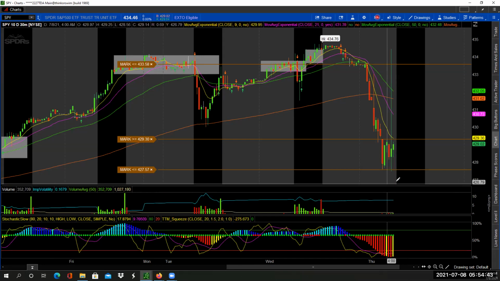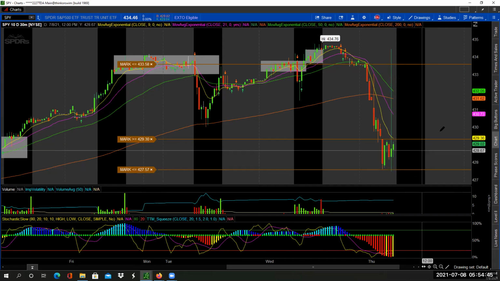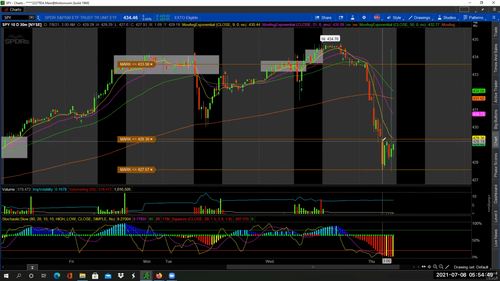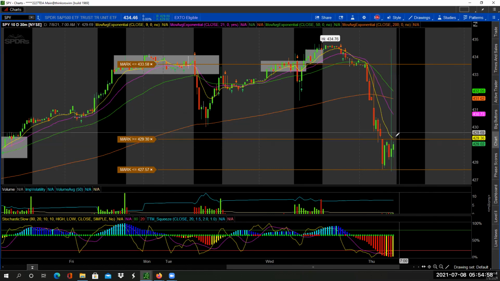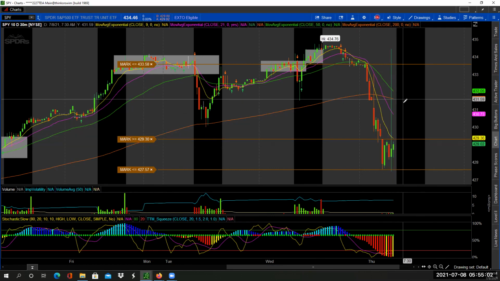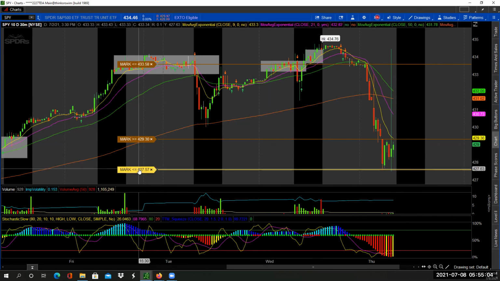So we can catch a gap fill if we break above 429.30. We have to open above this level here, or at least take it above this resistance here to fill in the gap. Or we can continue selling under 427.50. So that's something to look out for.